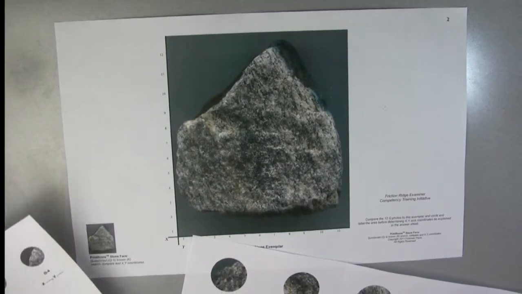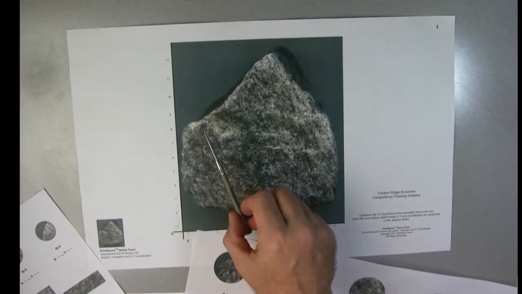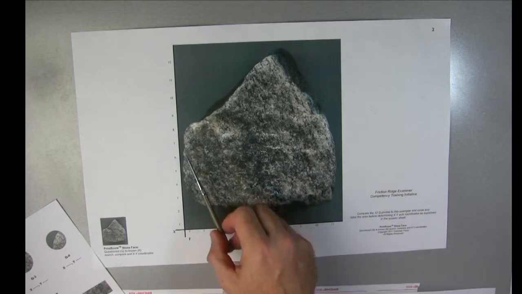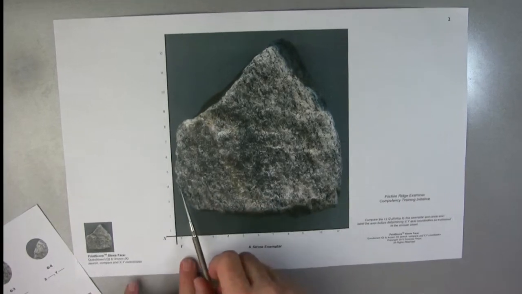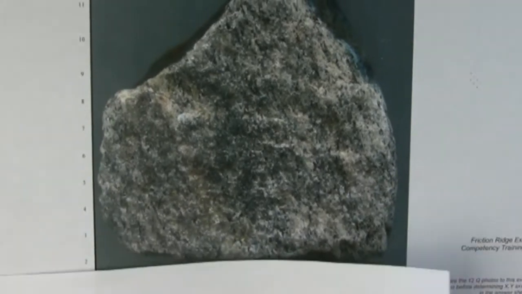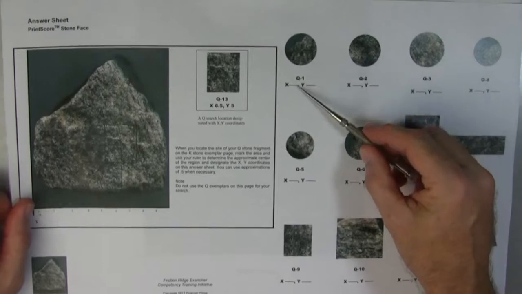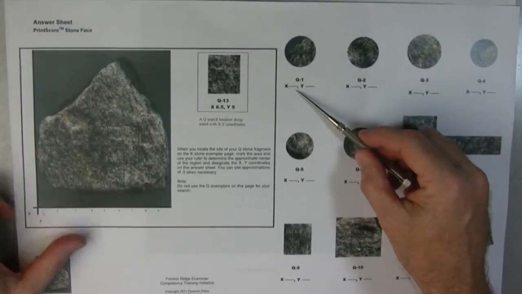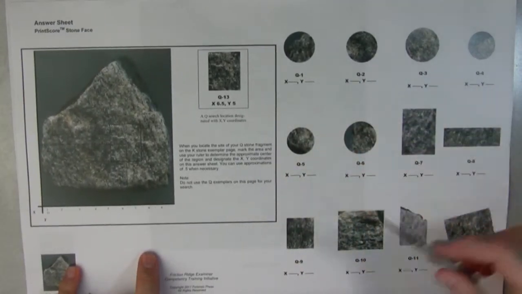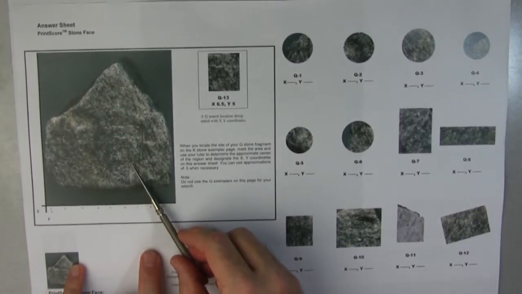When you look for your identification and make it, you are going to employ the XY axis method of identifying it. This will be done by simply using the answer sheet and marking the XY coordinates as it's indicated here in this answer sheet. I have an example of that.